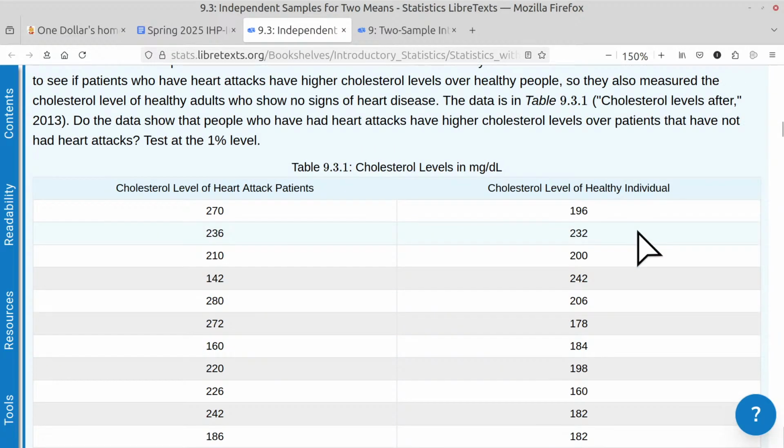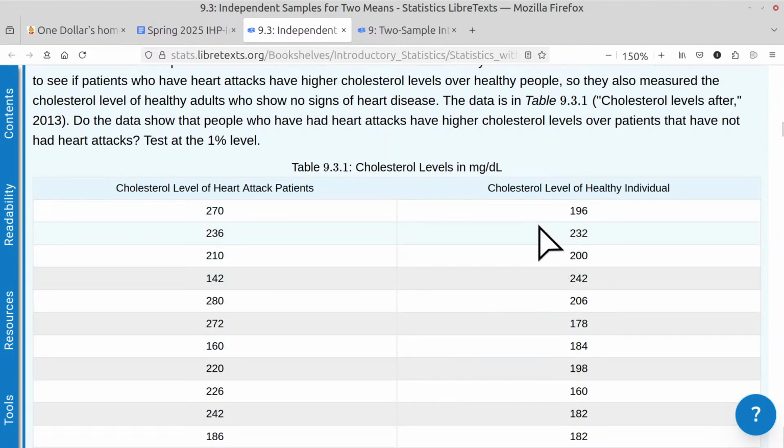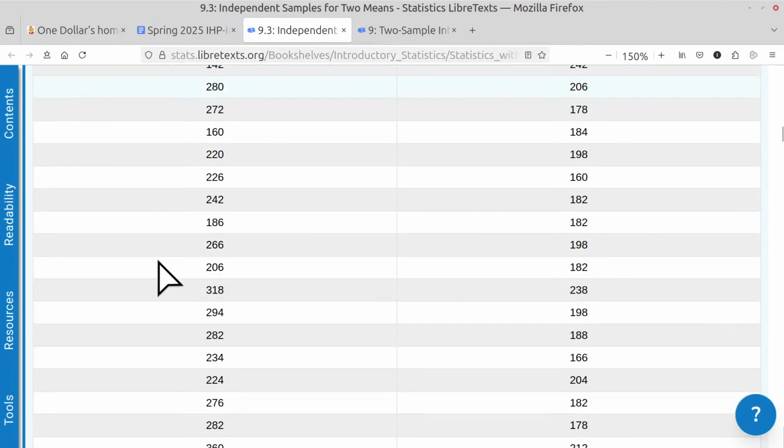But from the right column, starting at 196, it seems that the cholesterol level of the healthy individuals is lower than the left one. Sure, it's just our observation without any scientific calculation. Just observation.